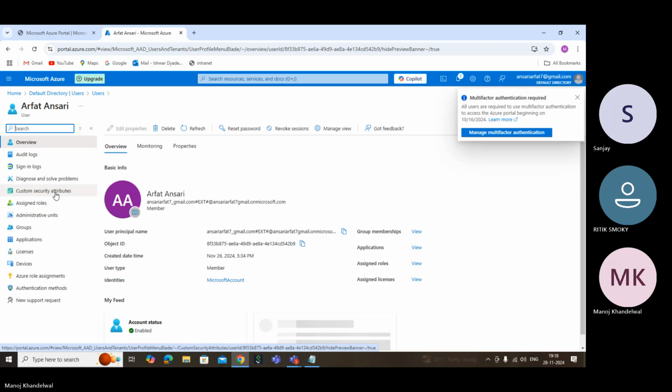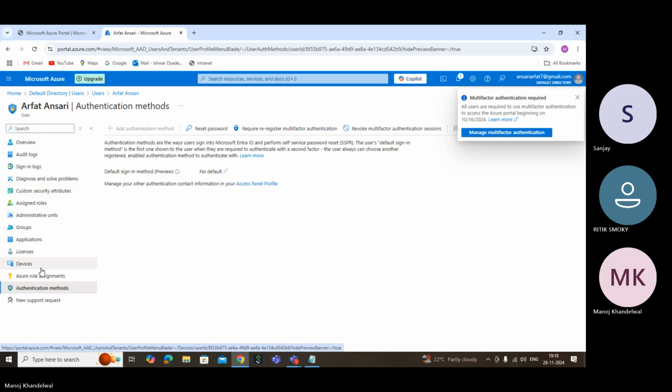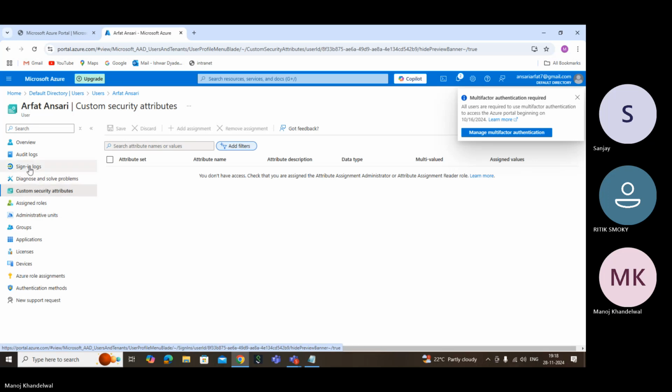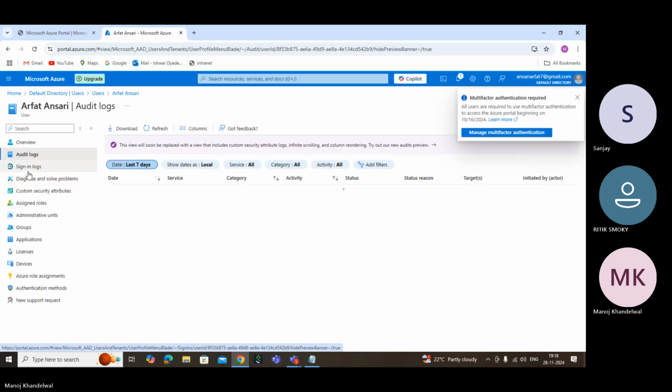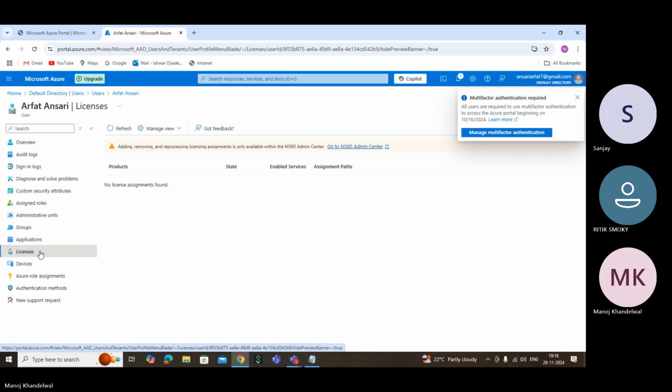Custom security authentication methods here. Custom security methods. To remove that code, it should not ask for a code. Just a second. It's asking for a code, no, for logging out, right?